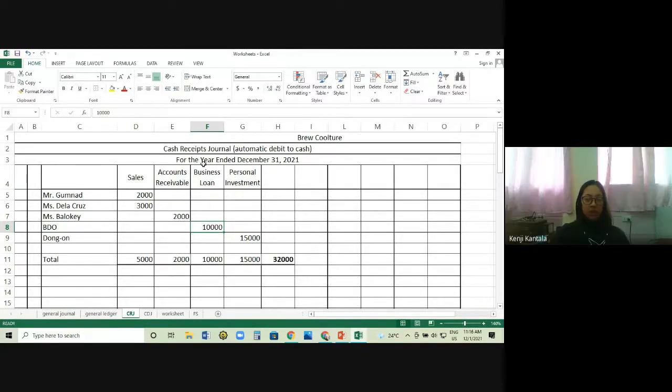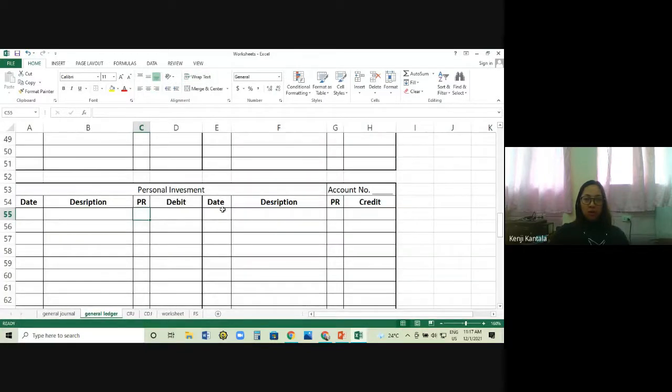Sa credit siya. Okay. So sabi natin, pag sa Cash Receipts Journal, automatic debit to cash. Tapos yung mga account heading natin dito is credit. So personal investment, credit at 15,000 pesos. Personal investment, 15,000.